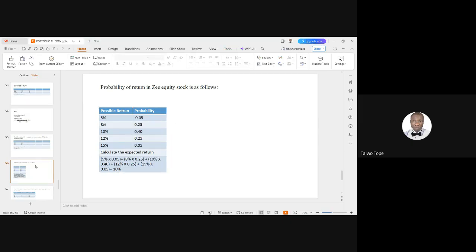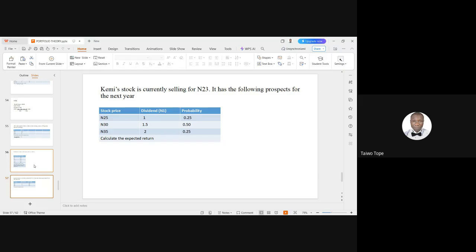The question is in your book, forwarded to the group already since yesterday. So we have this question again: Kemi stock is currently selling for 23 naira. It has the following prospects for the next year. Stock price 25 naira, dividend of 1 naira, probability of 25%.